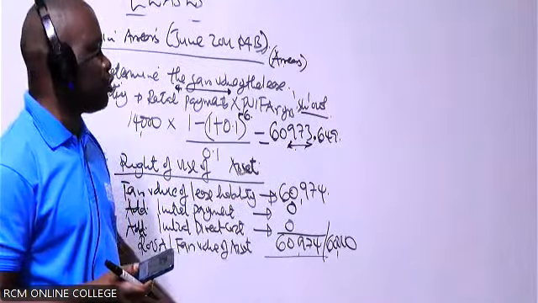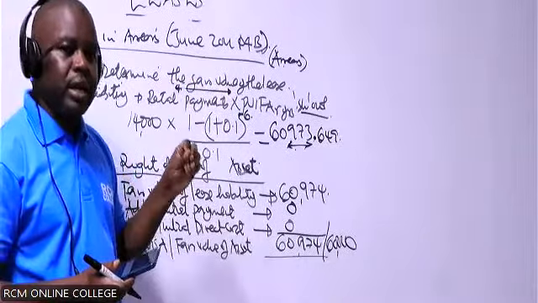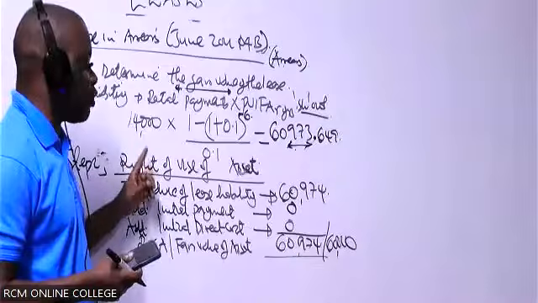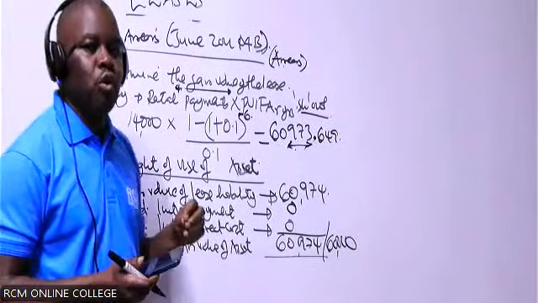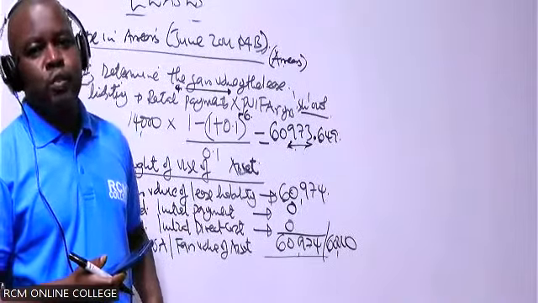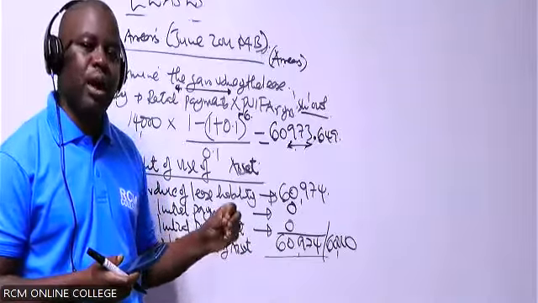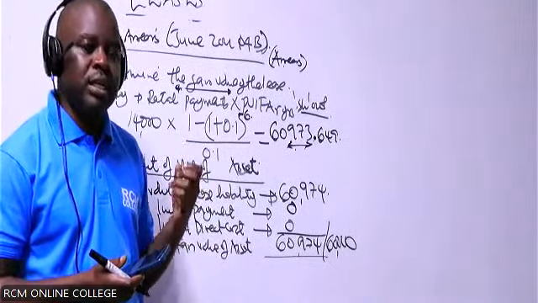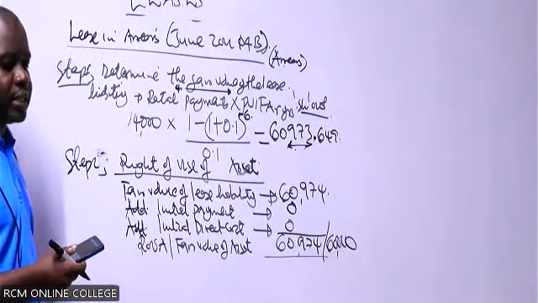The essence of discounting is why it is required under IFRS 16: you get the fair value of the lease liability to eventually come up with the right of use of the asset, or the fair value of the asset. So the examiner already provided this figure by simply rounding off to a good number, the nearest 10 million, 60 million.